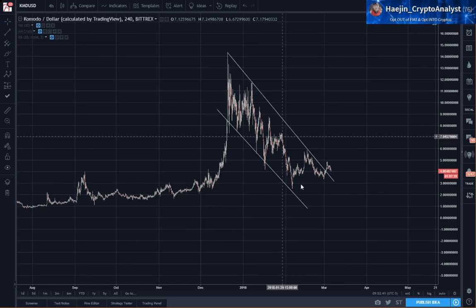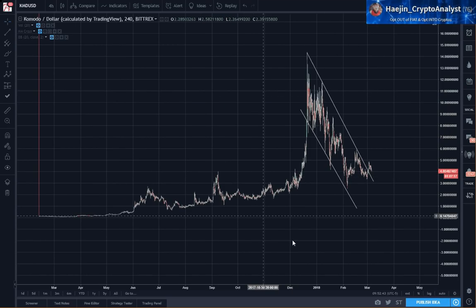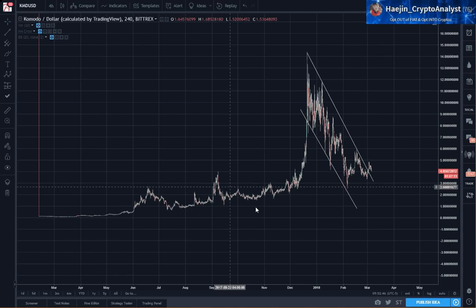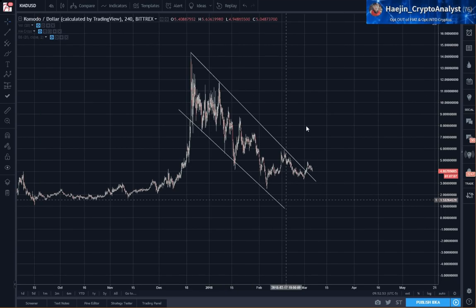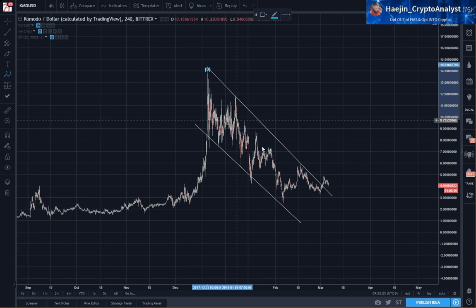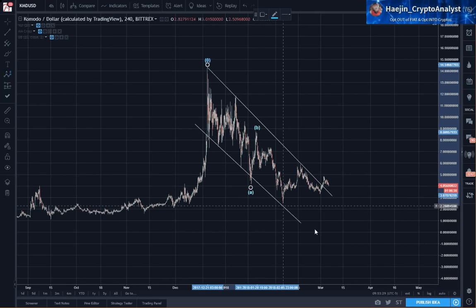So now I have the pattern, and this is clearly corrected. For now, because I don't want to make this too long, I'll just focus on the correction. I would count this as an A, B, and a C for now.